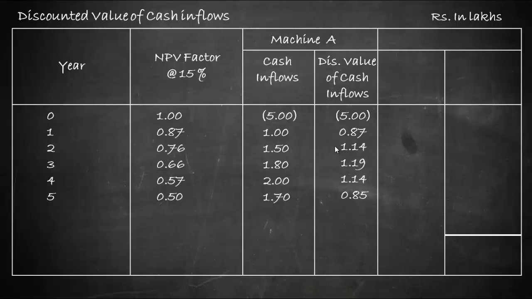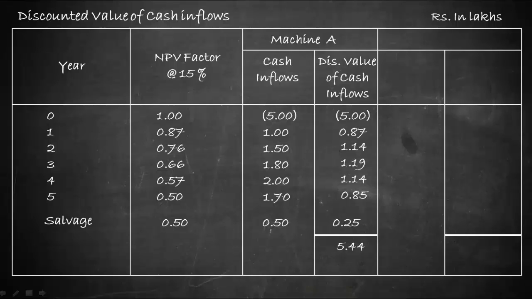And in year 5 there will be a salvage because there is going to be disposal of the existing mission. In year 5 the NPV factor, we know it is 0.5, and cash inflow at that point is 50,000, so it is 0.5. So 0.5 multiplied by 0.5, we get the discounted cash flow as 0.25. So this makes the total 5.44.